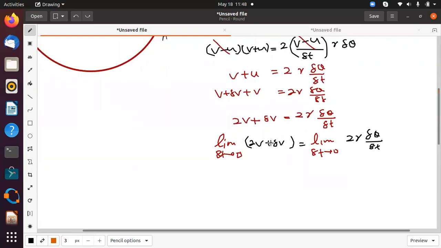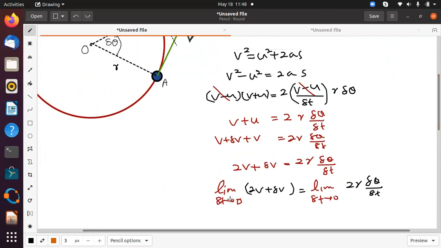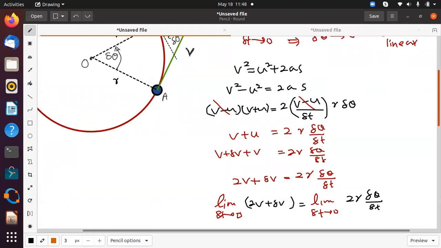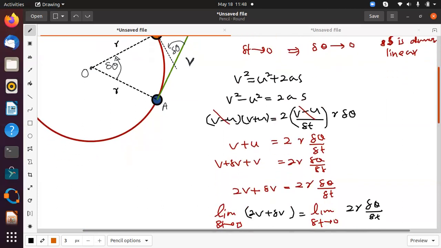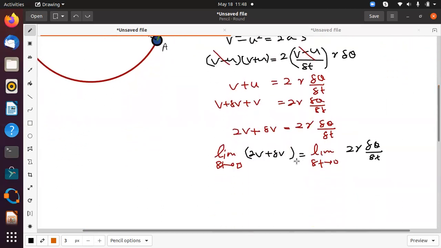In this case delta v also tends to 0, because as delta t tends to 0, position B is very near to A.